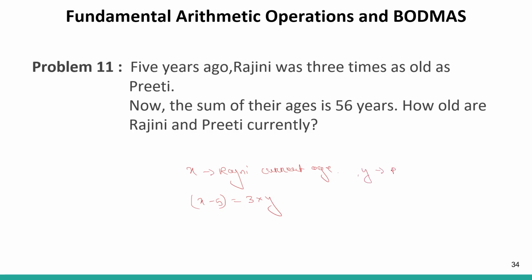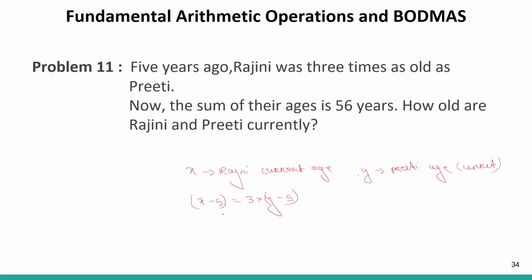Let Preeti's actual current age be Y. So if it is current, what we need to do is minus 5. Okay, then it will be valid.